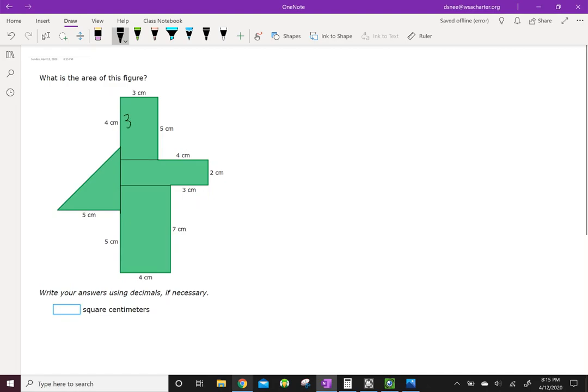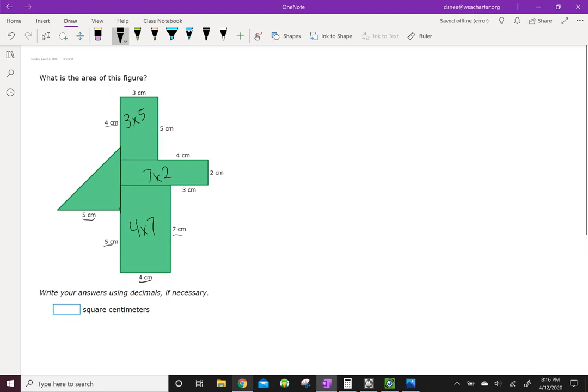And that's how I would maybe cut this one up. And I'd have a 3 by 5, and I'd have a 7 by 2, and I'd have a 4 by 7. Pardon me. And then I'd have a base of 5 and a height that I would have to figure out, right?